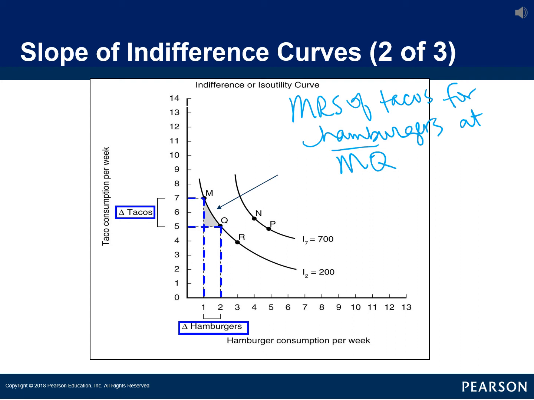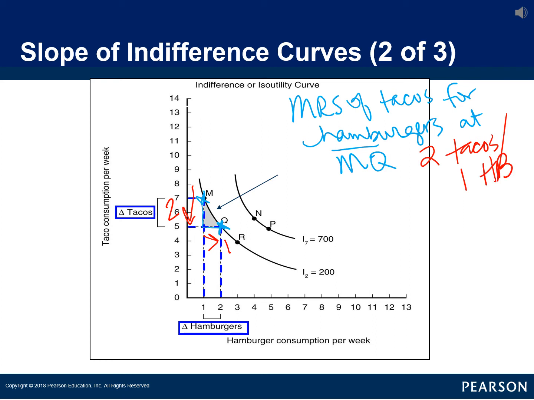So I would be willing to give up, we can just look at the slope of the curve. To go from M to Q, I'm going down 2 over 1. So I would be giving up 2 tacos to gain 1 hamburger. So marginal rate of tacos for hamburgers at MQ is 2 tacos for 1 hamburger.